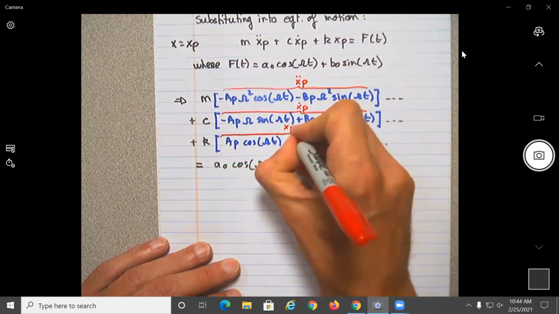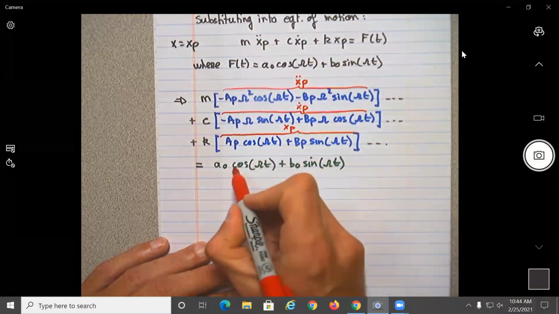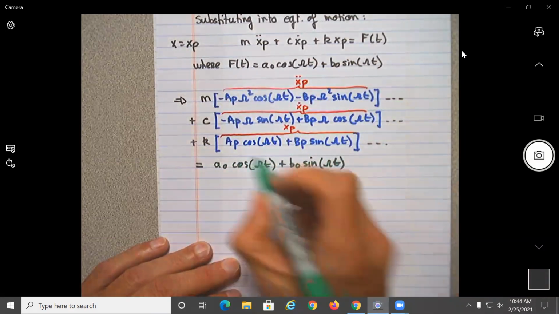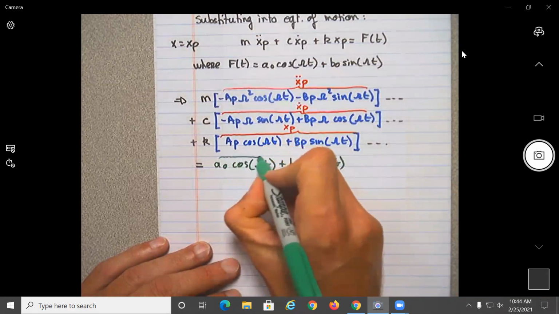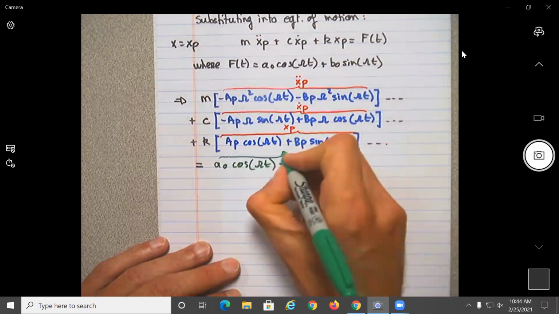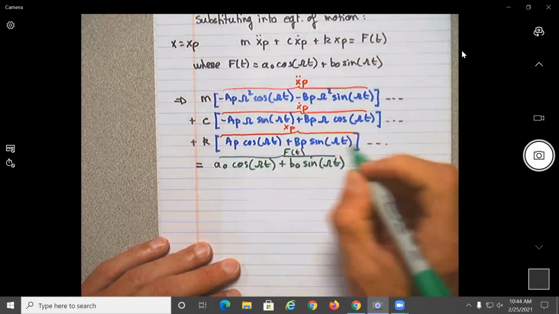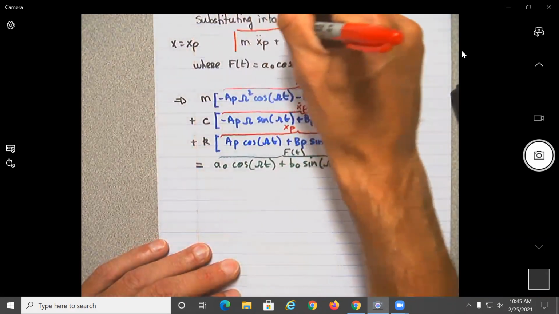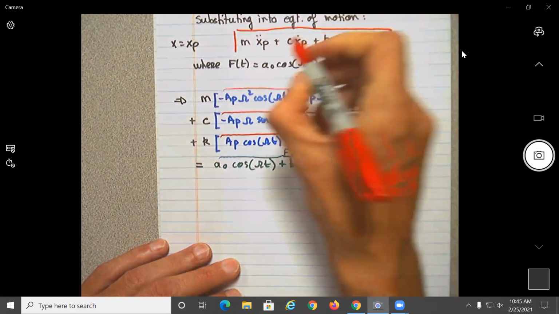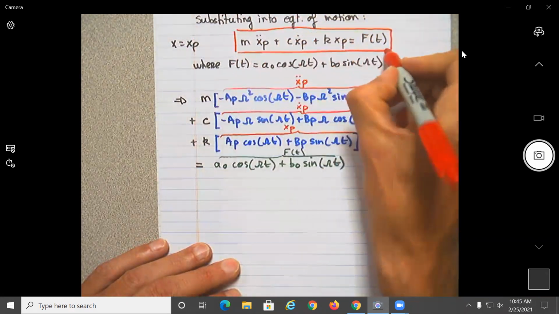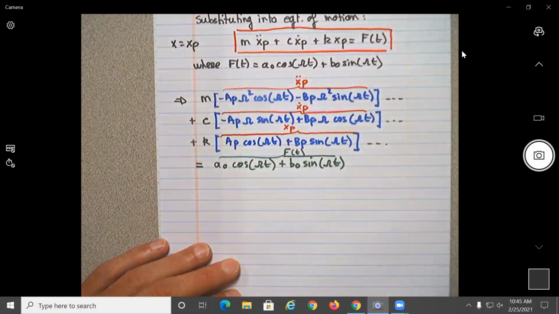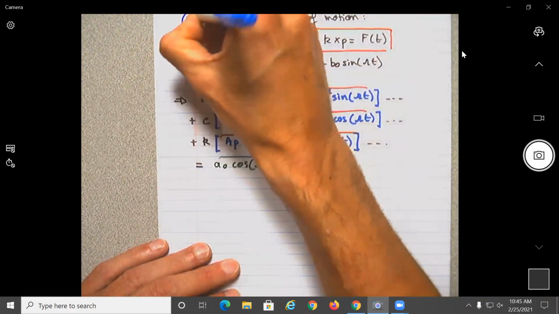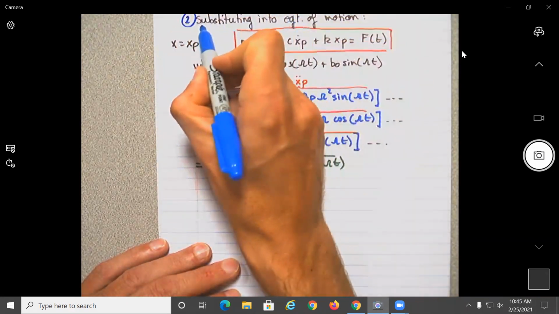This is the x p. And this term over here is the f of t, okay? In this equation here. All right, so this will be step 2. Maybe I should have put it here.